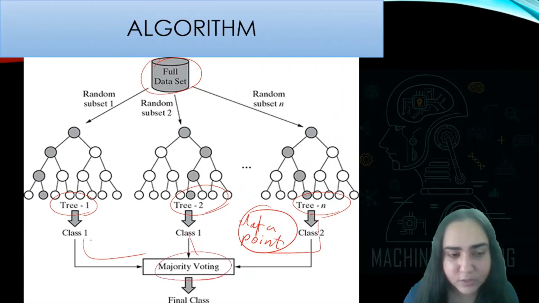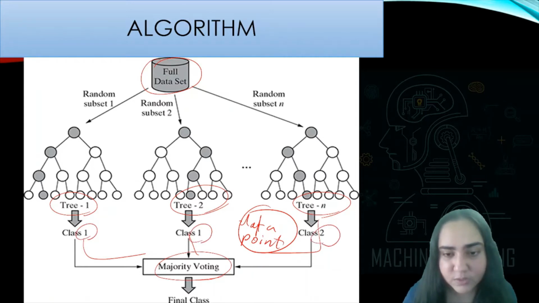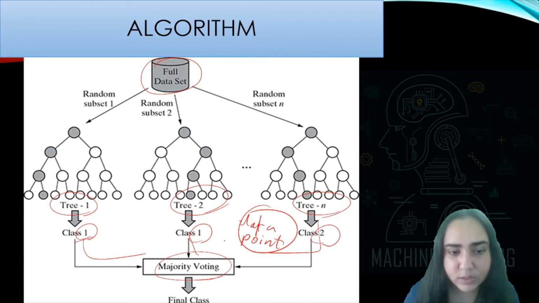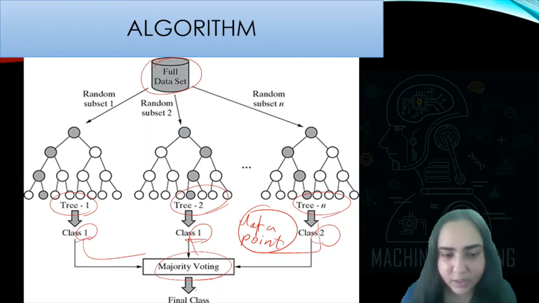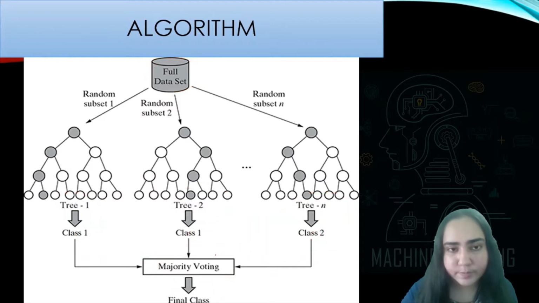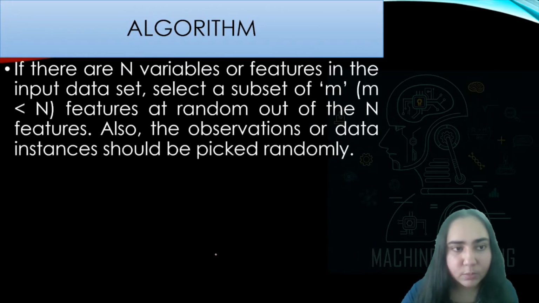First tree says it should be class 1, second says class 1, but the third one says class 2. You're going to pick the class told by the majority of the trees, which means we pick class 1. That would be the class assigned to this new data point. So that's how the algorithm works.